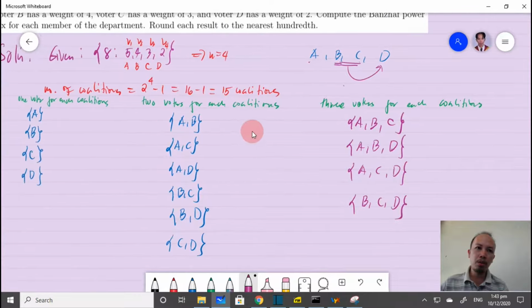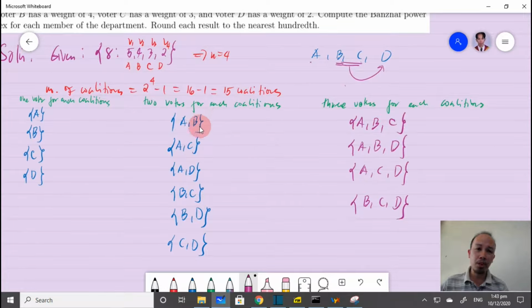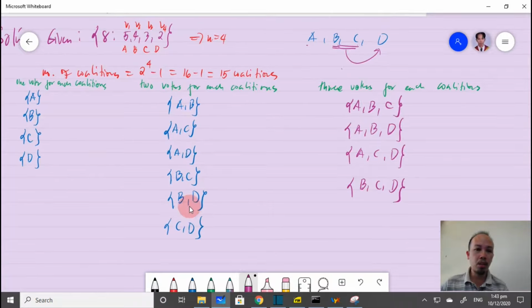How would you know that there are six coalitions in which each coalition has two voters? The same is true for this one. How would you know that there are four? How would you know that it will not repeat?